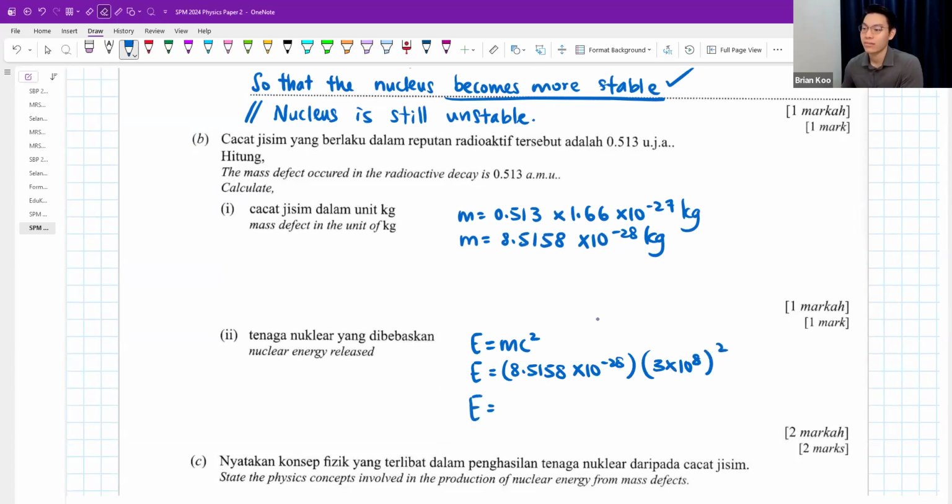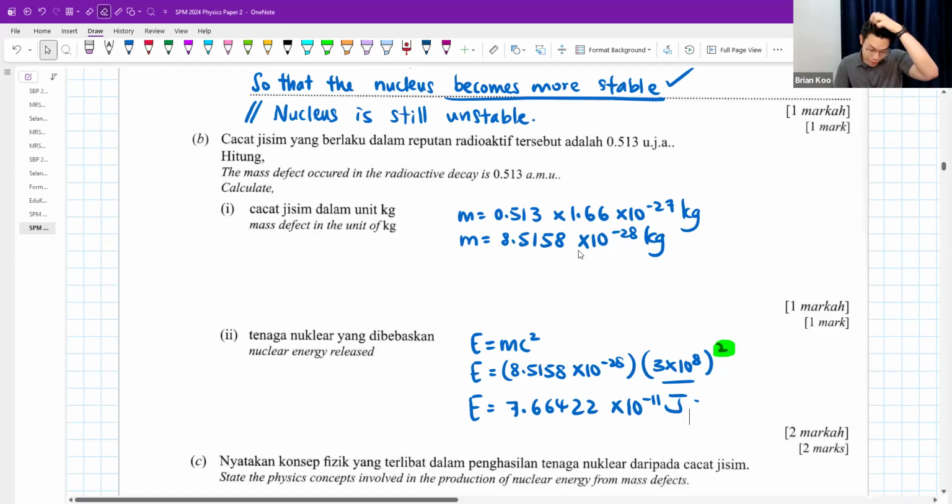It's one of those things that last year asked already, this year still continue to ask, and be careful not to forget to square your 3 times 10 power 8, very common careless. Okay, the c value also given, speed of light. 7.66422 times 10 power negative 11, this would be joules. Okay, you want to round off also can. 7.664.